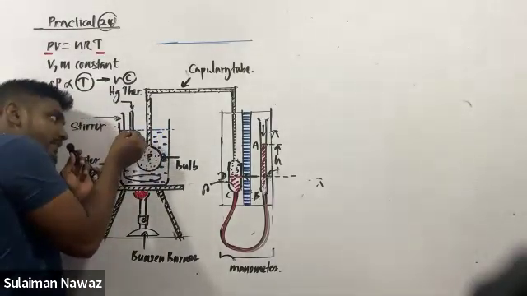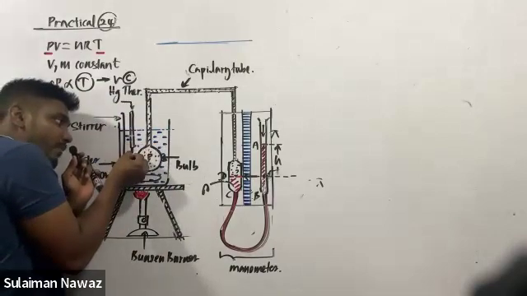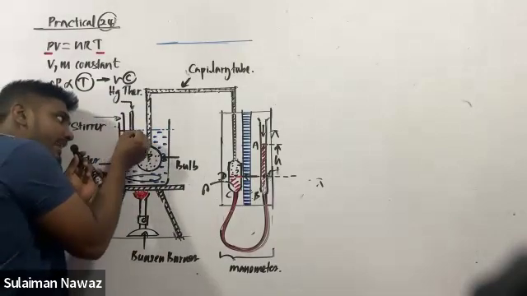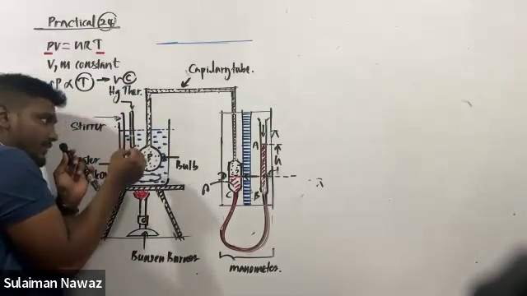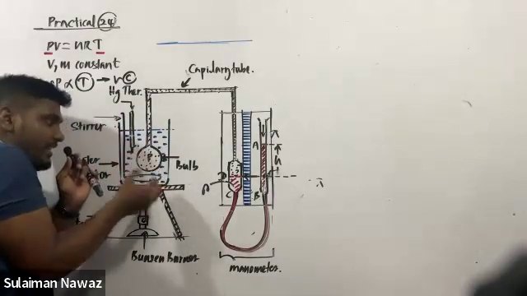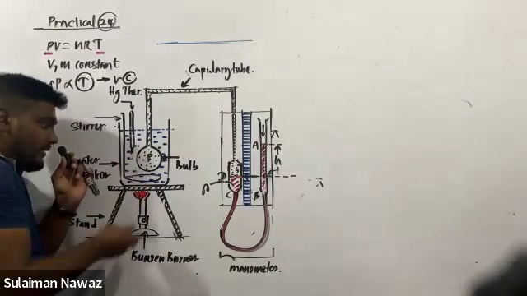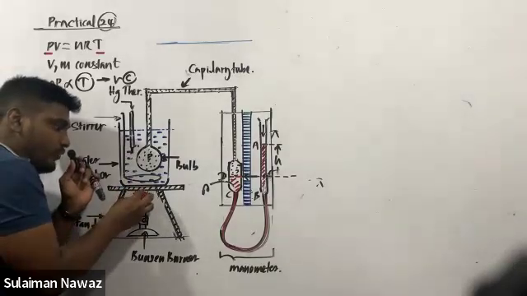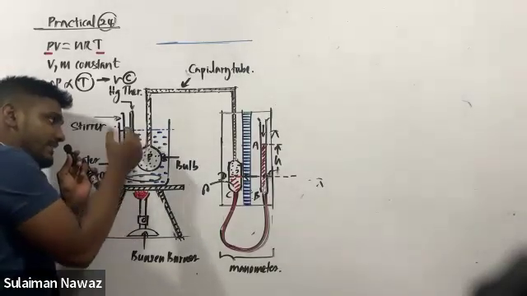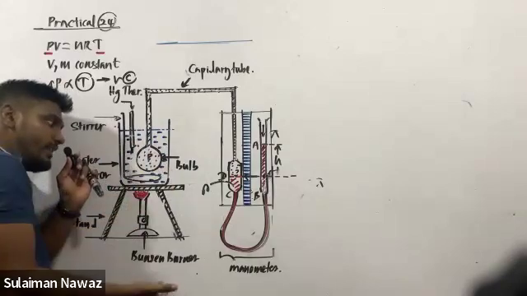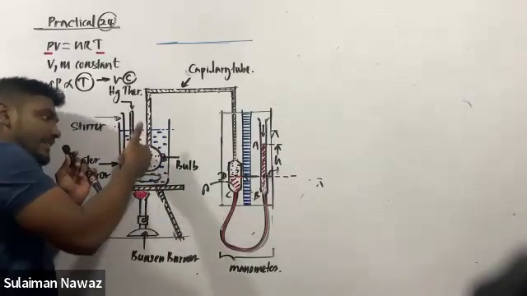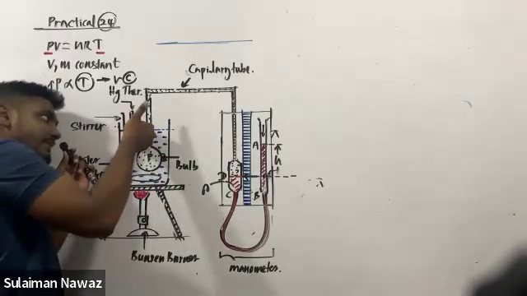Automatically the temperature of the gas, the water and the thermometer reaches exactly 35. So you can control the temperature at 35. If you remove the Bunsen burner exactly at 35 degrees Celsius, due to the heat inside the water, the temperature will become 36, 37.